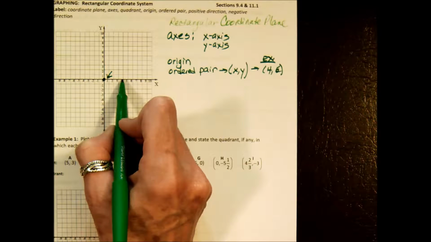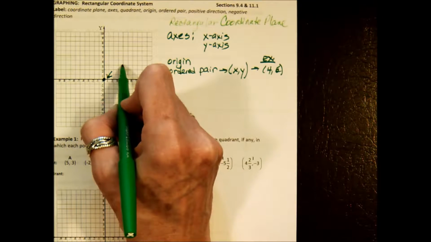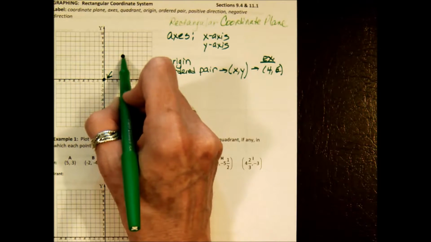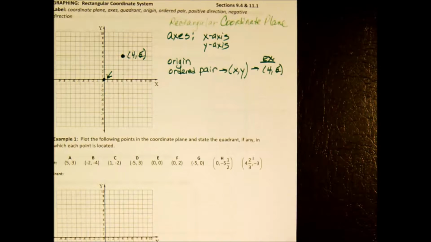I do not make a dot yet, and then the 5 is the y point, and since it's positive, it means to go up 1, 2, 3, 4, 5, and right there is the location 4, 5.